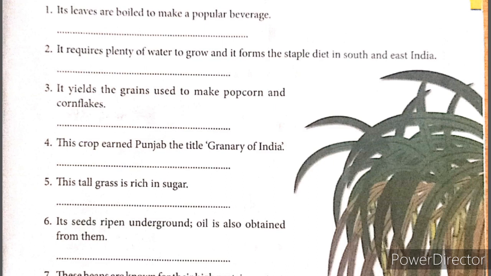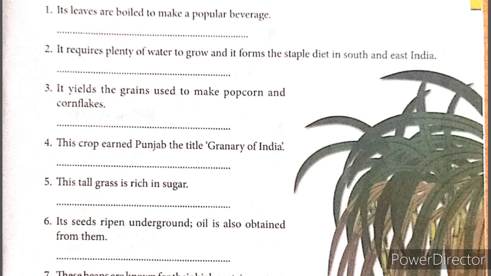Now the second question. It requires plenty of water to grow and it forms the staple diet in South and East India. As we are eating, I hope you understood the meaning of what I said. As we are eating, that is your rice. So what is the second answer? Rice.